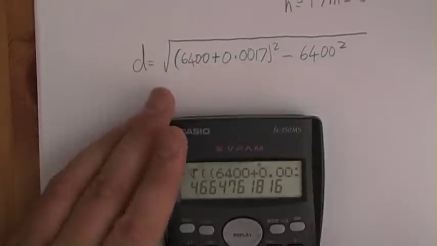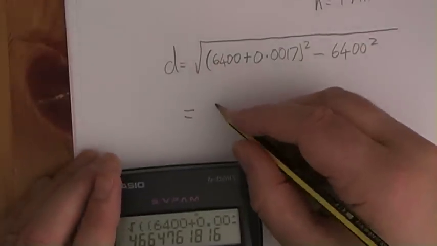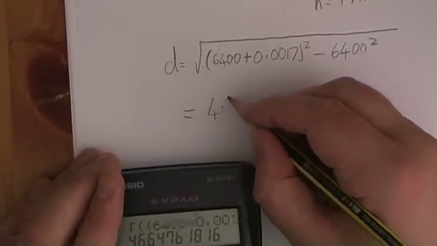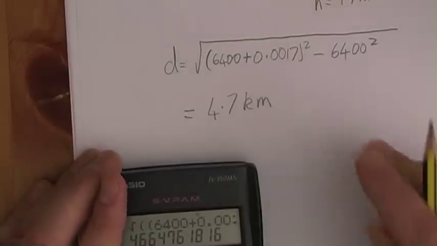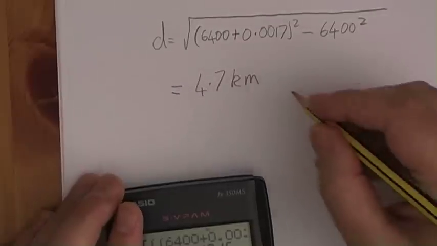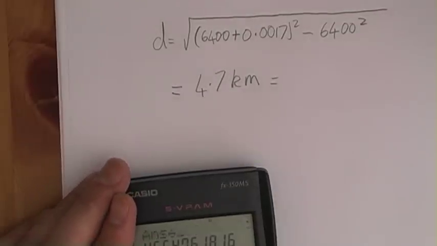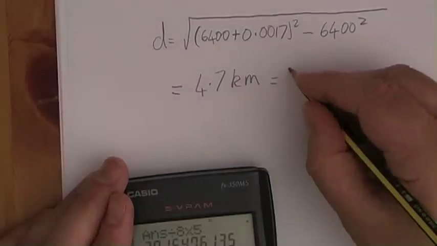There you go, 4.7, shall we call it? 4.7 kilometres. If you prefer miles, I can divide that by 8 times by 5, that's 2.9 miles.